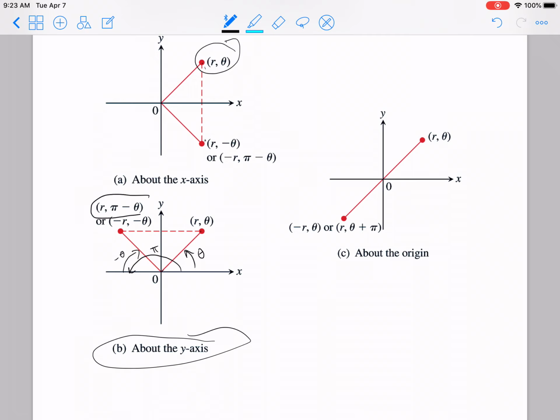Or you can do negative theta, and instead of coming out r this way, you go r in the negative direction, and that takes you there as well. So either one of those ways is going to get you that one.